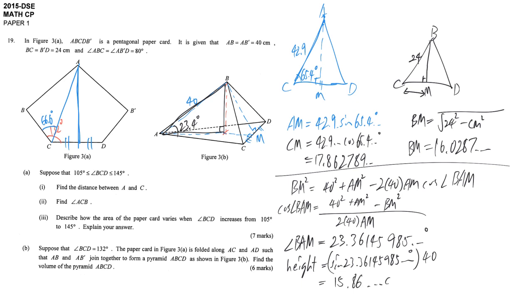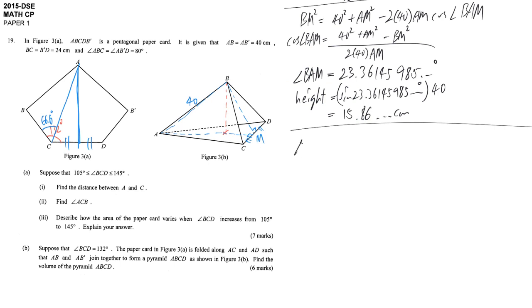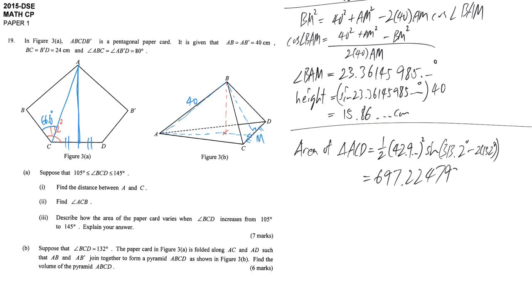15.86 something cm. Finally, we just take the area of triangle ACD, multiply it by the height, and divide by 3. Then by using the calculator, we get 697.2247928 cm squared.